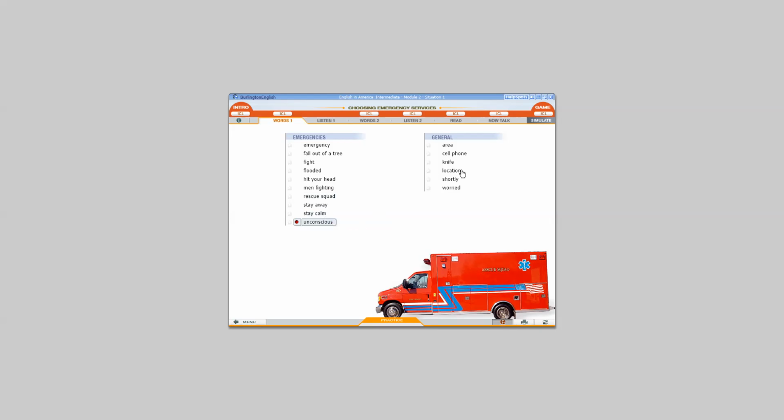Now we're going to look at the general words. Area. Cell phone. Knife.